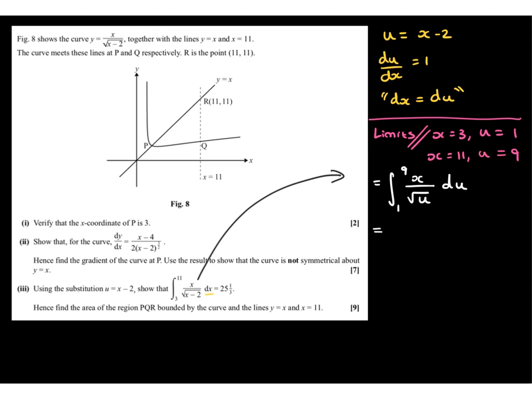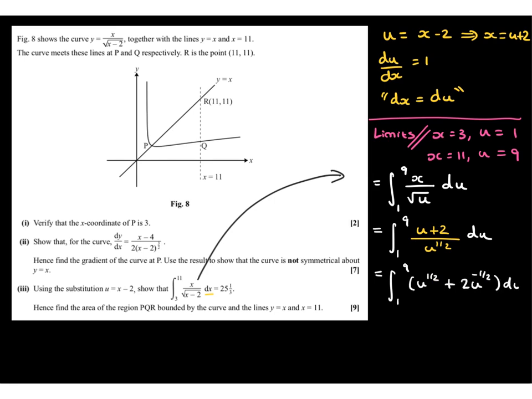But we need to replace x, so we go back up to here, and this tells me that x is equal to u plus 2. So the x, of course, didn't cancel out, so this then gives me u plus 2 over u to the half with respect to u. I need to divide both parts of the numerator by u to the half before I can integrate, so that gives me u to the half plus 2u to the negative 1/2 du, and let's then integrate.